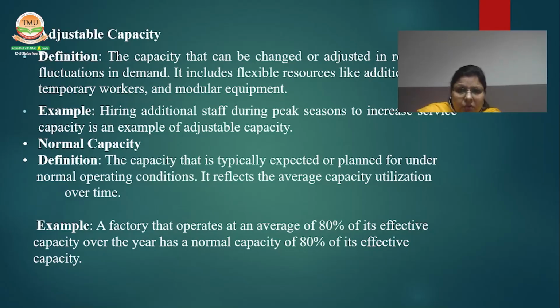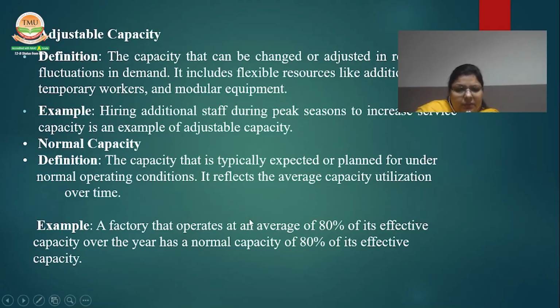Another day your production is 90, and another day it is 100. Now take an average capacity of the whole week. The whole week capacity is 100 plus 80 plus 90 plus 100 plus 80 plus 90, and when you add them you can find out that this much is our normal capacity that we can easily achieve in one day or in one week.